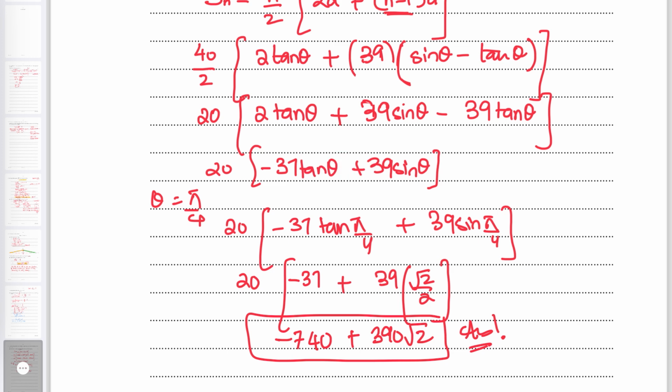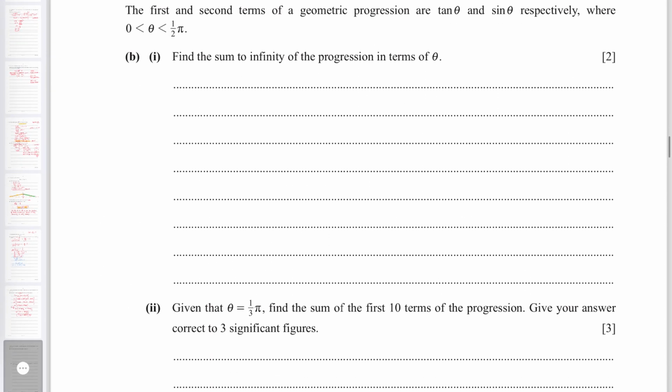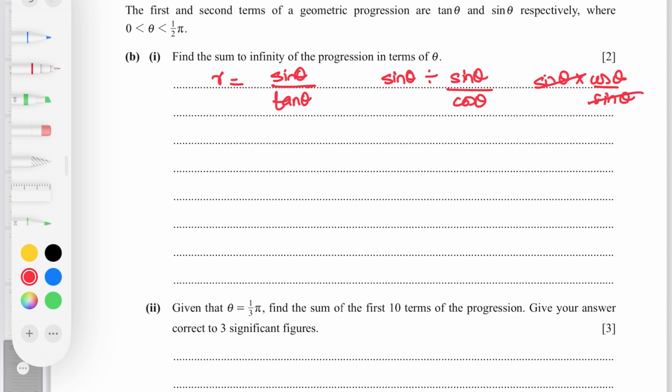Let's move on to the next part of this question. Find the sum to infinity of the progression in terms of theta. So what is r going to be? Second term upon... what is sum to infinity?